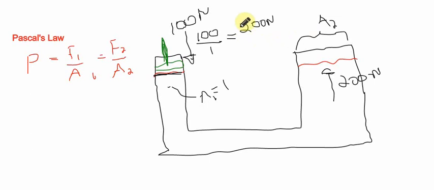And if we wanted to know the area more specifically, we can just do a simple algebraic expression, and to solve for x, we would eventually get x to be 2. So if you look, 100 divided by 1 is 100, and 200 divided by 2 is 100 also. So this is how Pascal's law is going to be applied. If you have a pressure of 100 newtons here, it's going to be transmitted to another place which is also experiencing the ratio of 100 pascals of pressure.